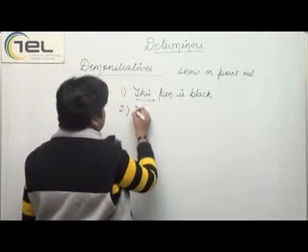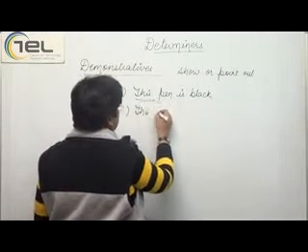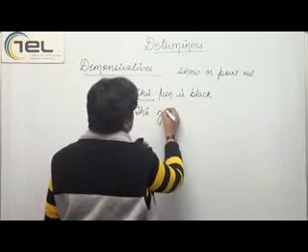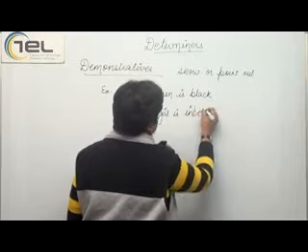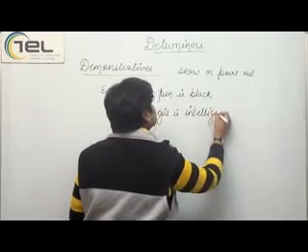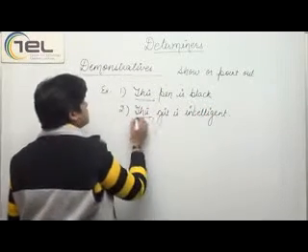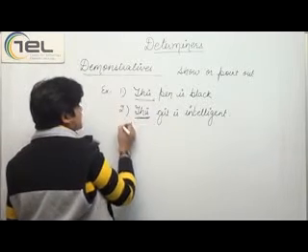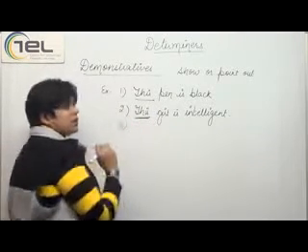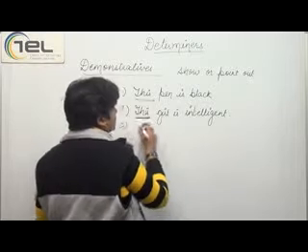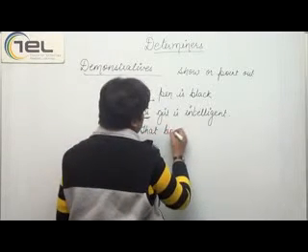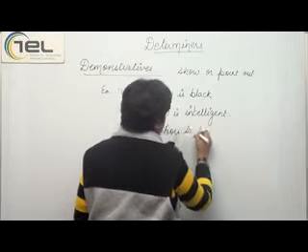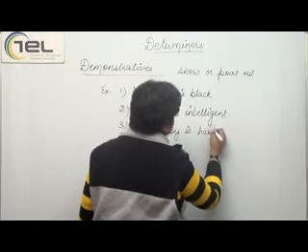Next, if I say, this girl is intelligent. Again, a demonstration part of it is here, pointing out someone. So we will use this here. That boy is hardworking.